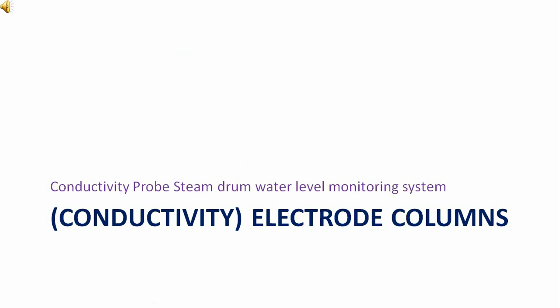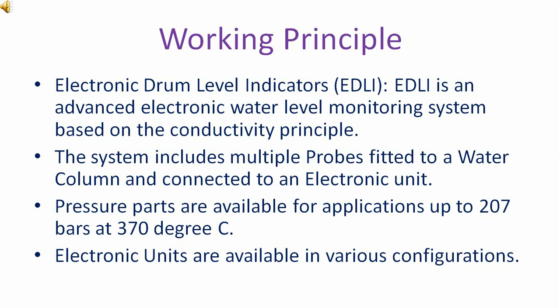Now we are going to discuss electrode columns, or rather conductivity probe steam drum water level monitoring system. Working principle: electronic drum level indicators are an advanced electronic water level monitoring system based on the conductivity principle.